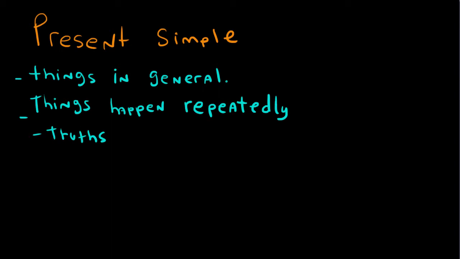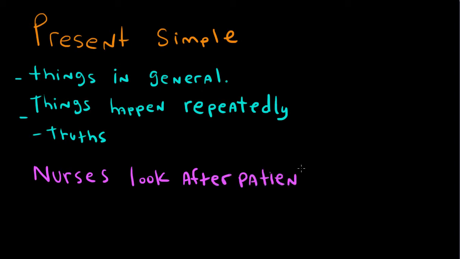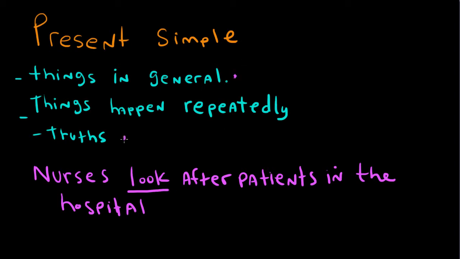So things in general, you can say nurses look after patients in the hospital. So here's the verb. It's in the present simple, and this would be a things in general or truths.